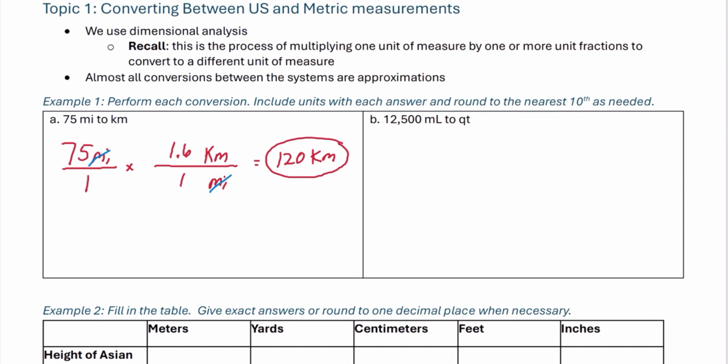Next, we want to convert 12,500 milliliters to quarts. We don't have a conversion to jump straight from milliliters to quarts, but we do have a conversion that goes from liters to quarts. So let's convert milliliters to liters. Remember, if we're staying within the metric system, we just need to move the decimal.